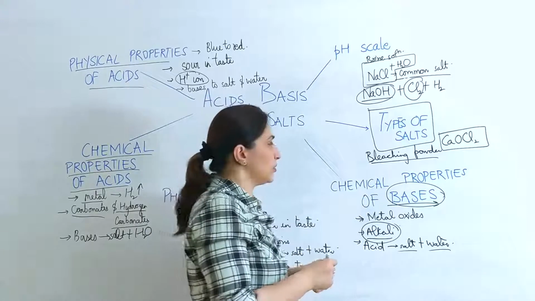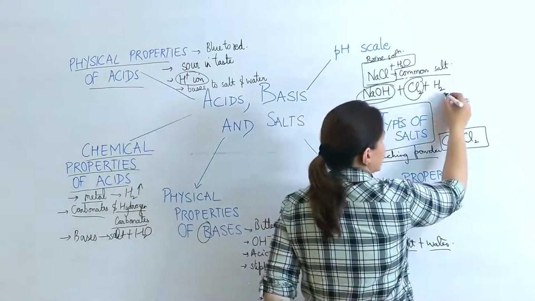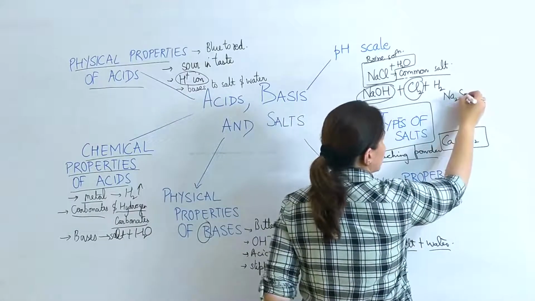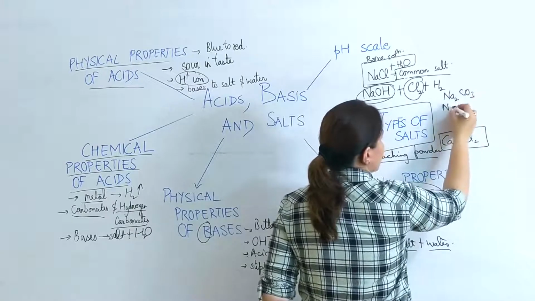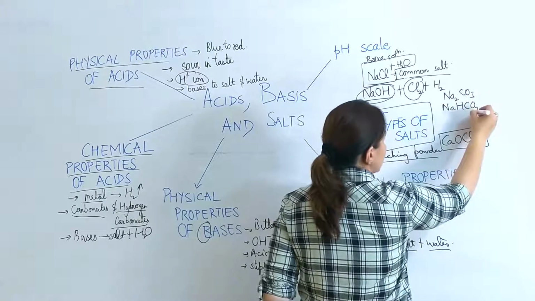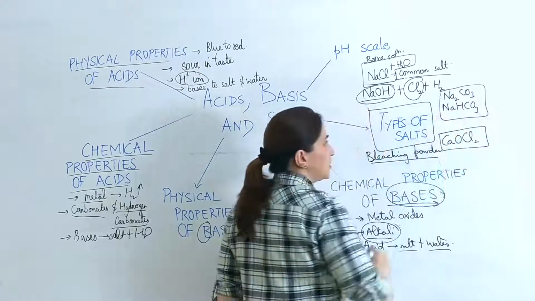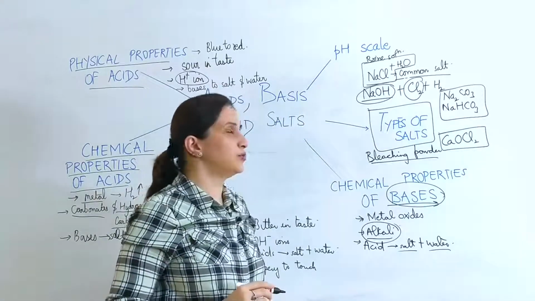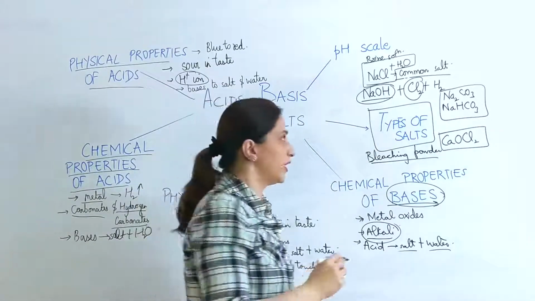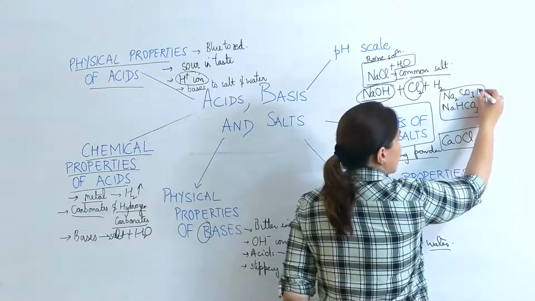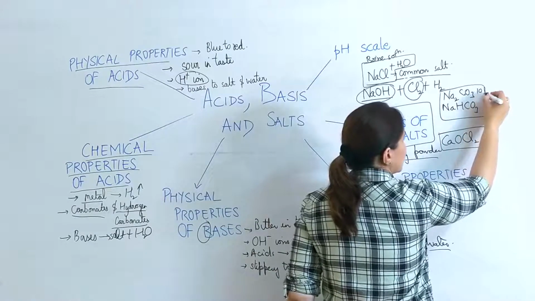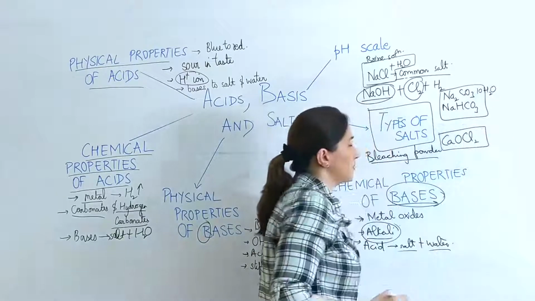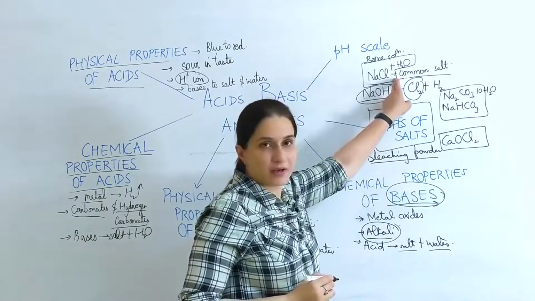Now coming to the two products, that is washing soda and baking soda. Washing soda is Na2CO3·10H2O, and in the manufacturing of NaHCO3, that is baking soda, this brine solution is required.